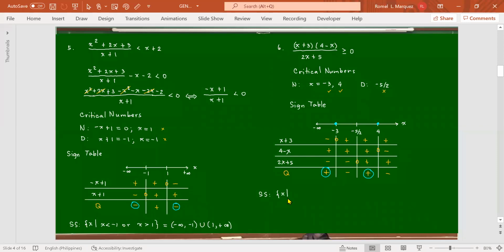Set of all x such that x is less than or equal to -3, or x is between -5/2 and 4. But we have to include 4. Am I correct, children?